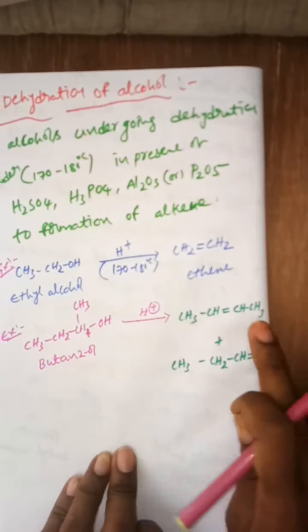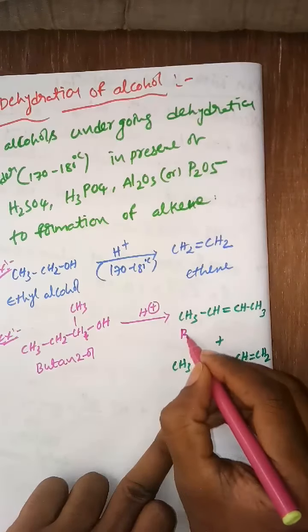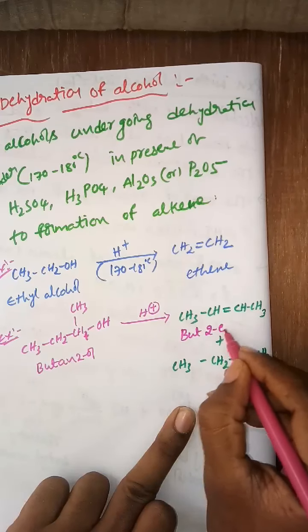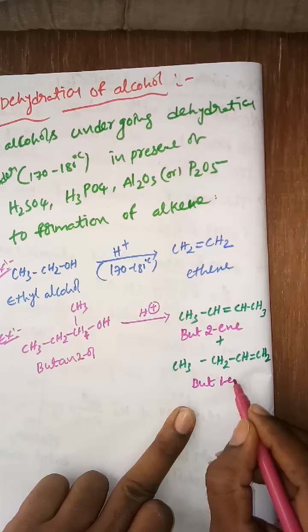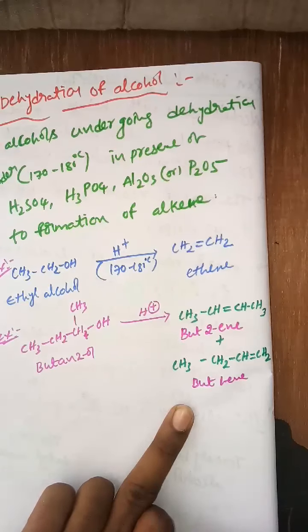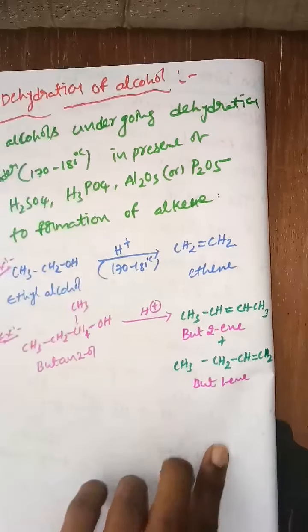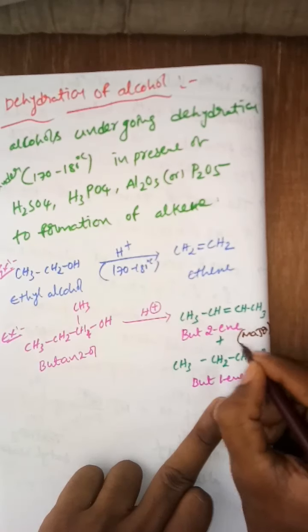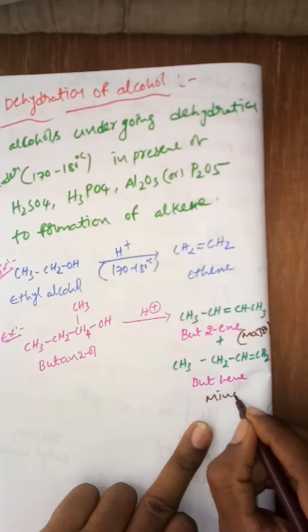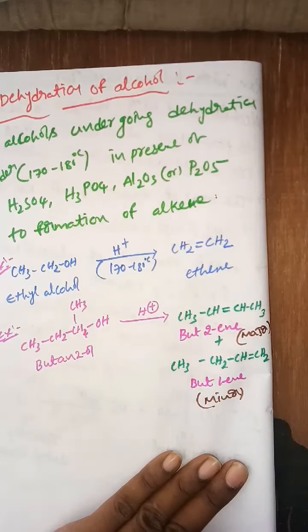The first name is but-2-ene, and the other is but-1-ene. So the major one is but-2-ene, and this is the minor one, but-1-ene.